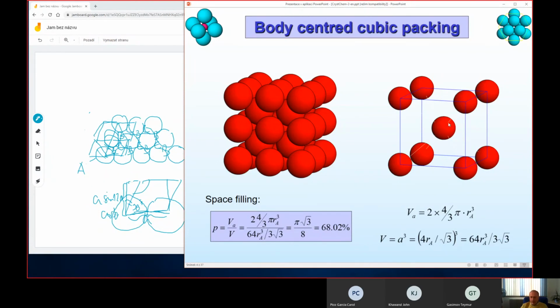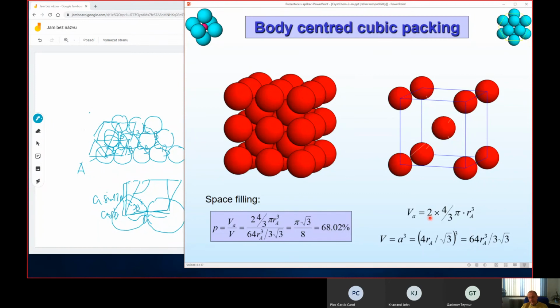So this atom, this and this atom must touch along the body diagonal. So the condition is that 4R must be equal to a times the square root of 3. And this results in the formula for the volume of the unit cell.